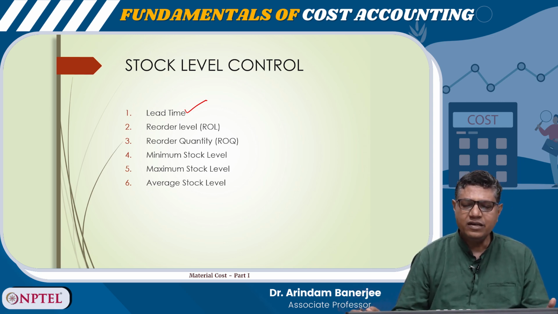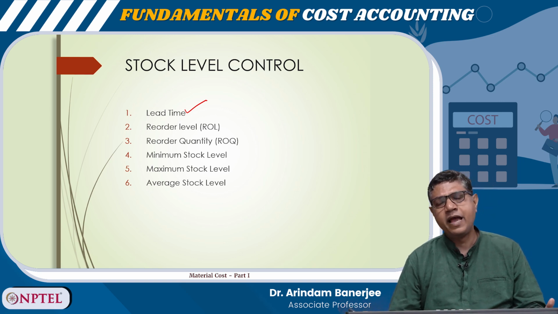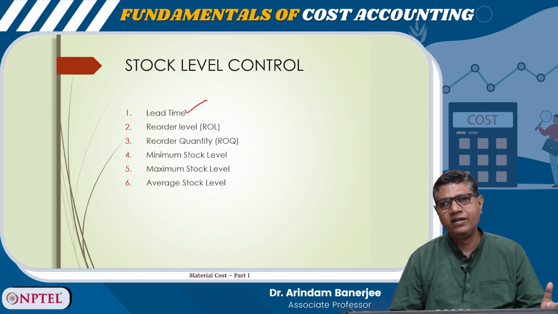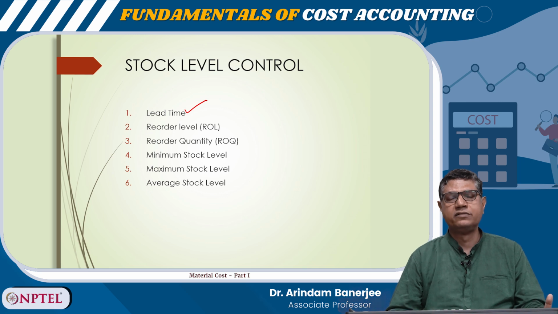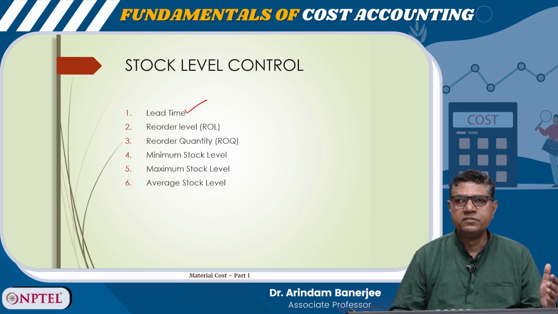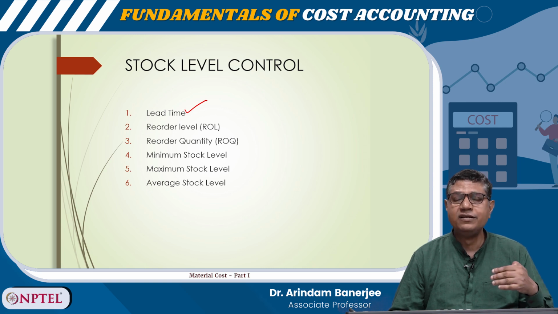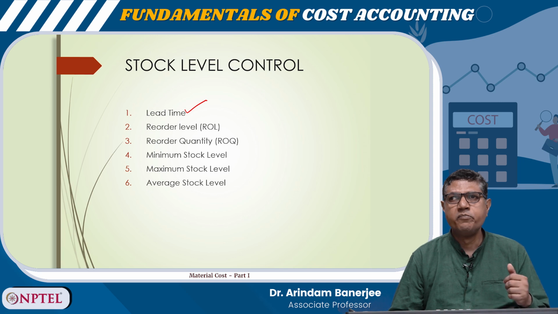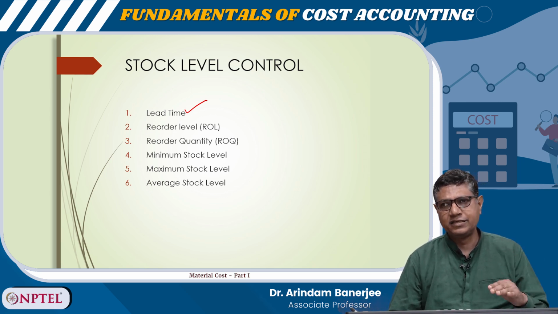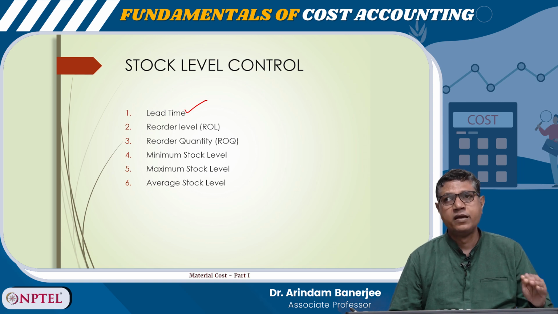So, reorder level is the level at which the company will reorder, right. Reorder quantity: when the company reorders, what will be the quantity, right. Minimum stock level: what is the minimum level of stock the company should maintain, right. That means if it reaches the minimum stock level, the company should place an order.